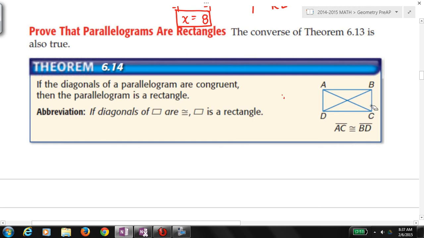But let's say I don't see right angles like you see in this picture, but they tell us that the diagonals AC and BD are congruent, then that's also sufficient enough to say that the parallelogram is a rectangle. Okay, so just be careful with that. Later on, we're going to use these properties to prove that it is in fact a rectangle.